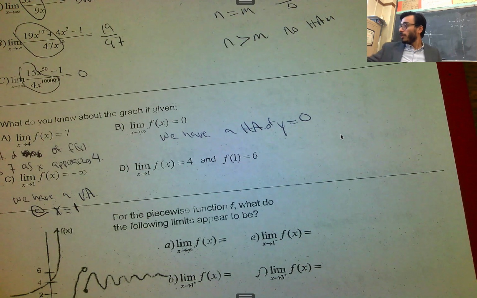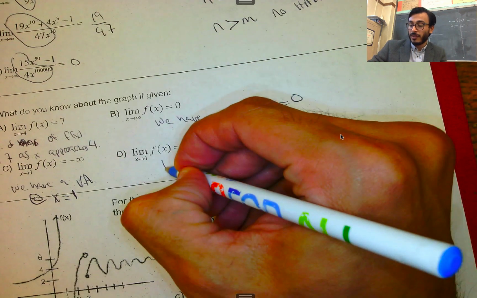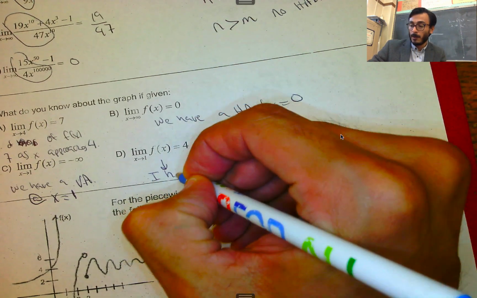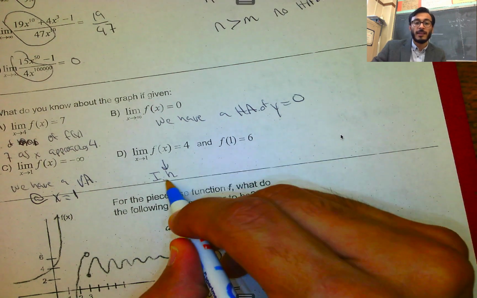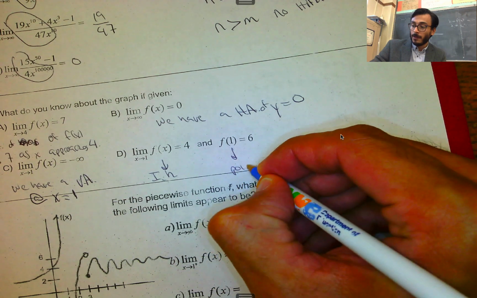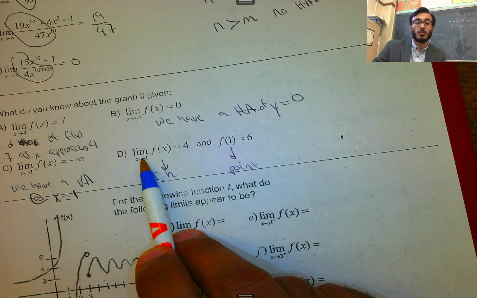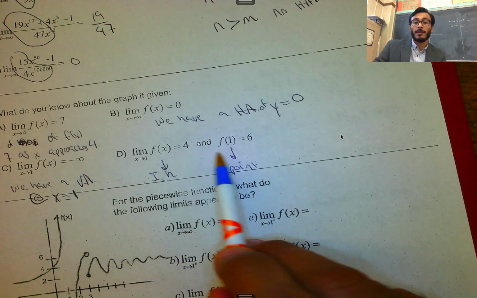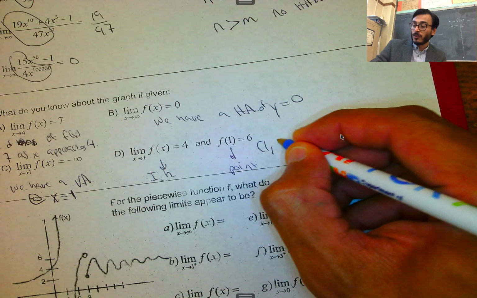Okay, last one, letter D. So this is telling us the intended height of the function is equal to 4. So this speaks to intended height, but then this speaks to a point, right? So this is saying the intended height of the function as x approaches 1 is equal to 4, but then this is saying we have a point at (1, 6).